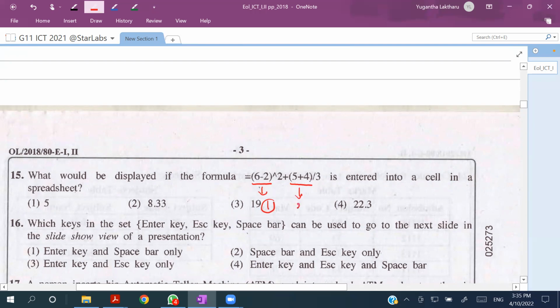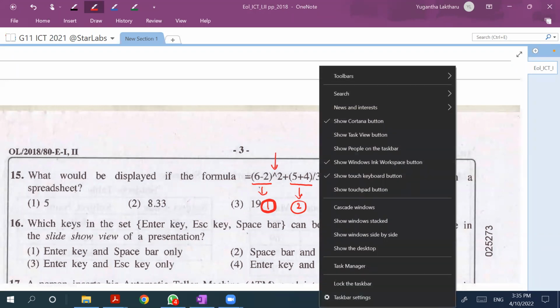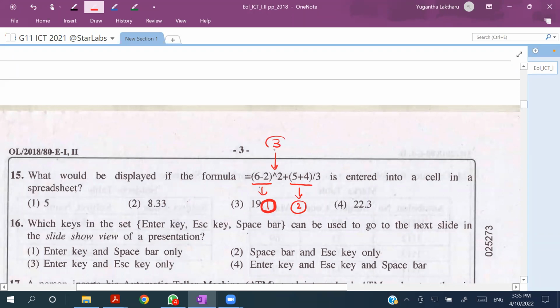This is the second one, because it is the one which meets first from your left. Then there are two exponent operators, considered with the third priority. Once the brackets are done, then this will be considered, and finally this plus is going to be considered, right?